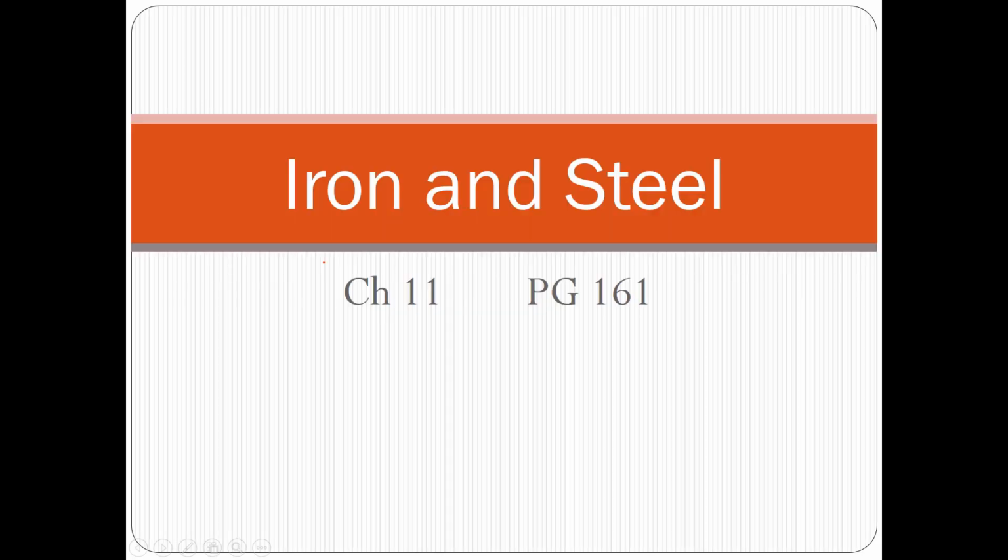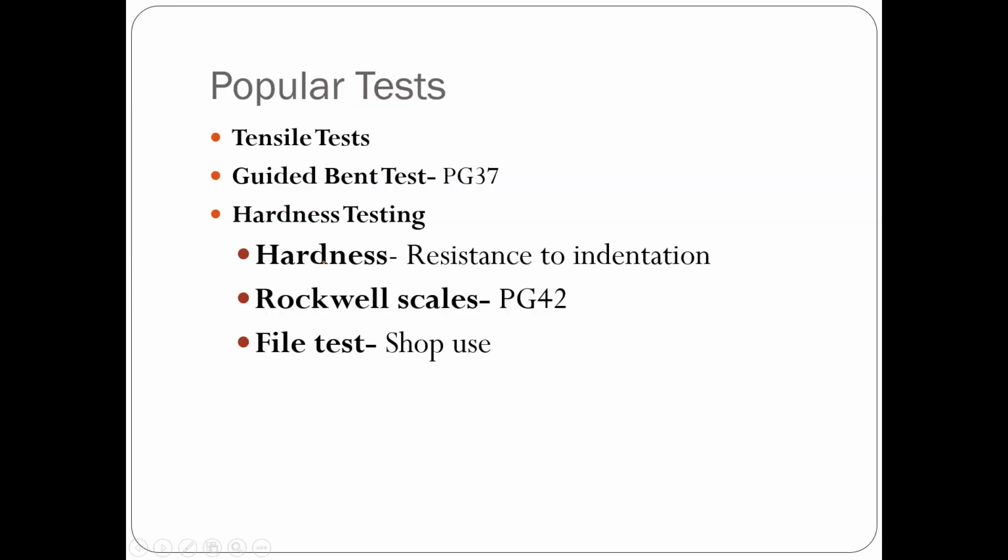Popular tests. The tensile test, which yields the stress-strain curve, which is on page 34 and 35. You might tab those pages. Our tensile test yields our stress-strain curve, which gives us some points on the curve, gives us some information about the mechanical properties.